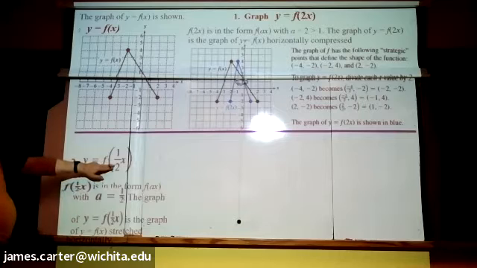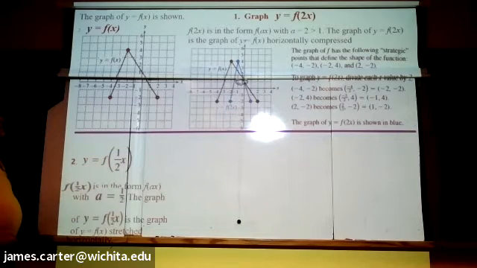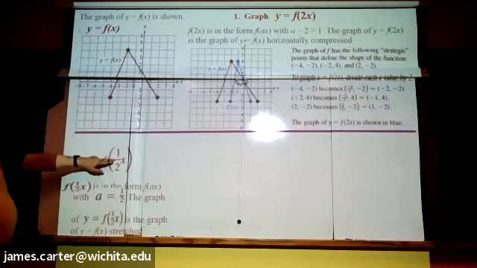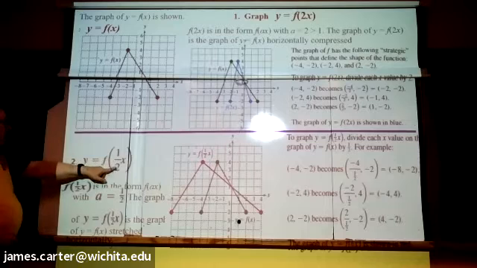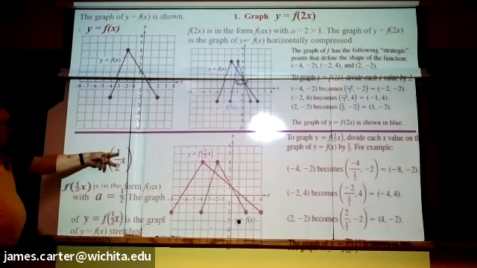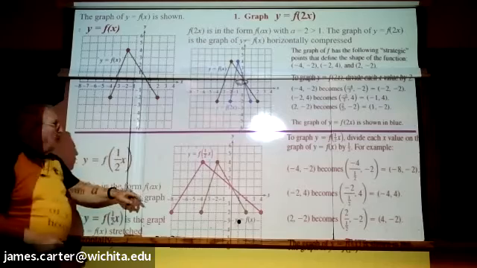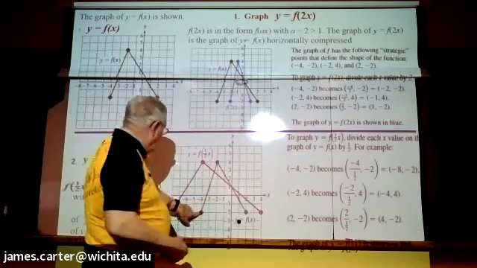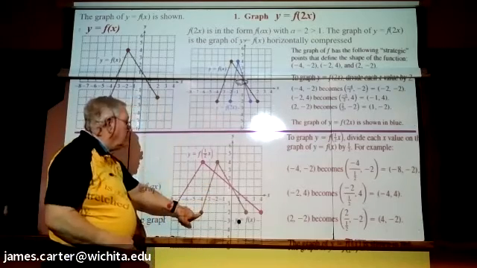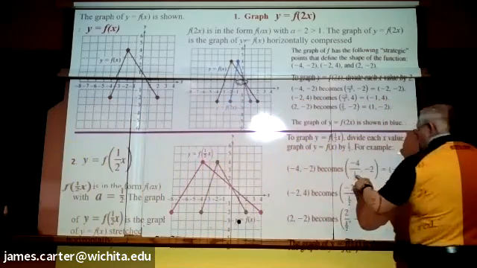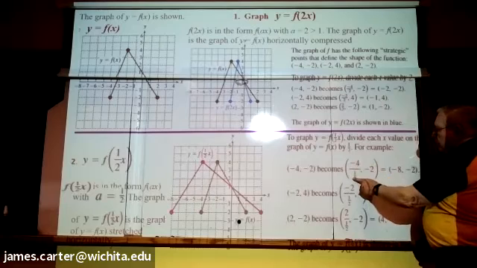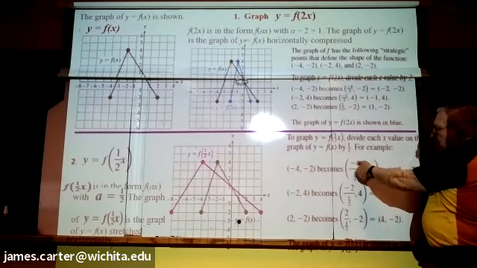And this one would be just the opposite. If it were f of 1/2 x instead of f of 2x, like we've got up there, then all of these would be the reciprocal of 1/2, which is 2/1. Okay, so we would multiply all of these original x values. Technically, we're dividing them by a half. But when you have a number divided by a fraction, you flip and multiply.